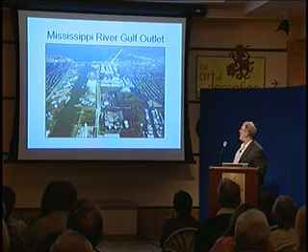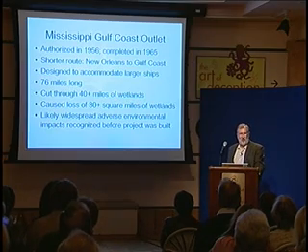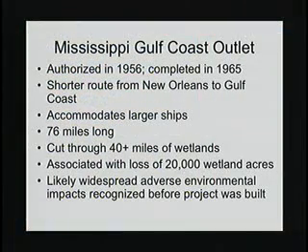So this is where this comes out on the Gulf of Mexico. This is a huge project. It was designed to shorten the distance between New Orleans and the Gulf Coast. To some extent, it was designed for bigger ships, or at least ships that needed a deeper channel than the Mississippi River.